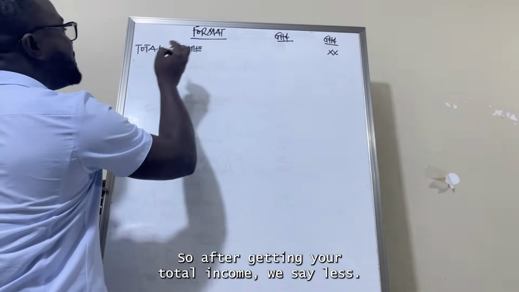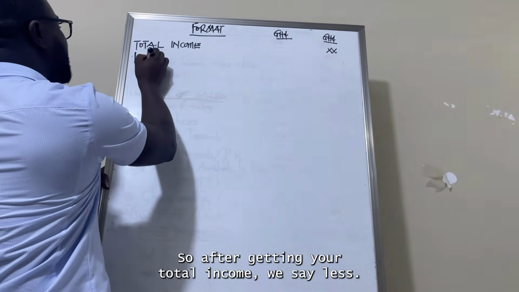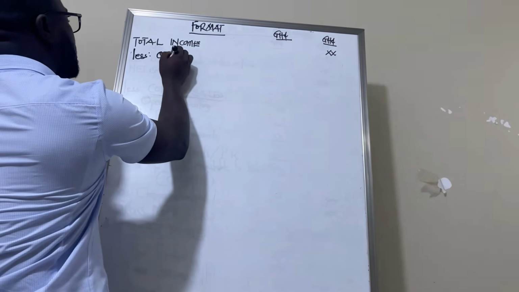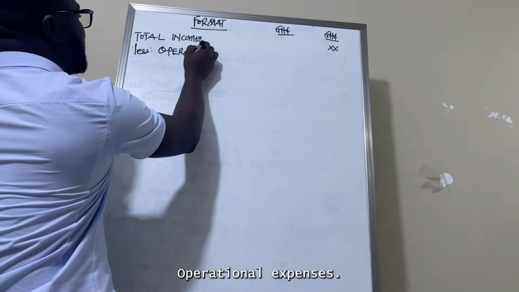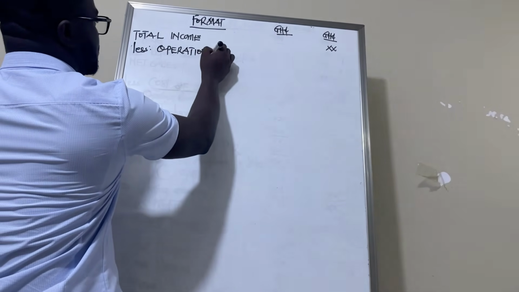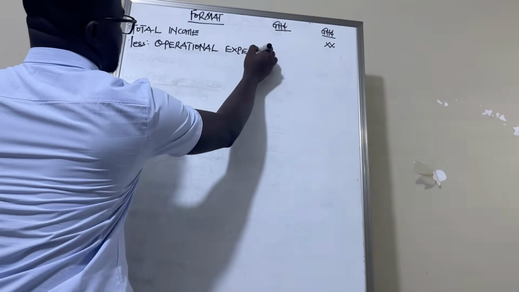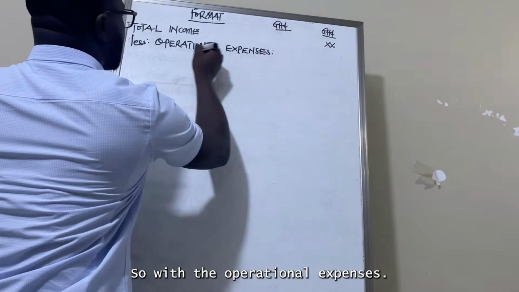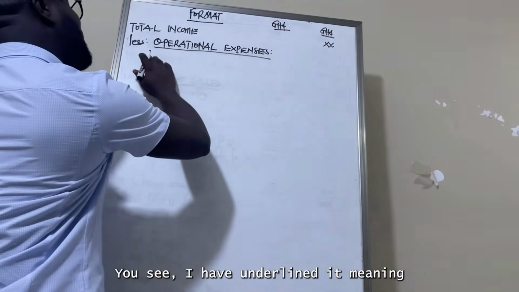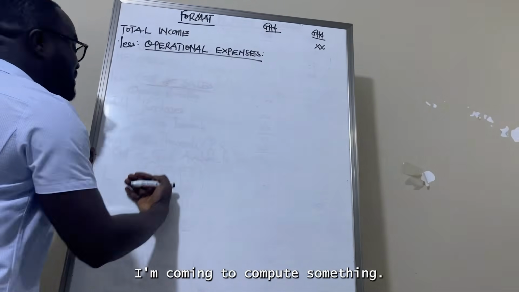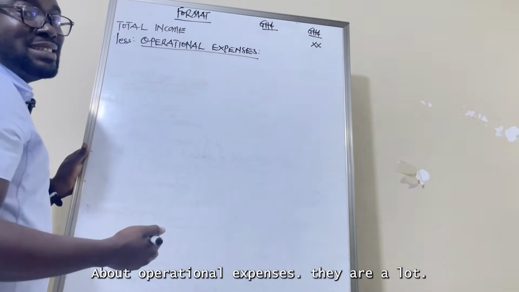So after getting your total income, we say less operational expenses. So with the operational expenses, you see I've underlined it, meaning I'm coming to complete something under the operational expenses. There are a lot.